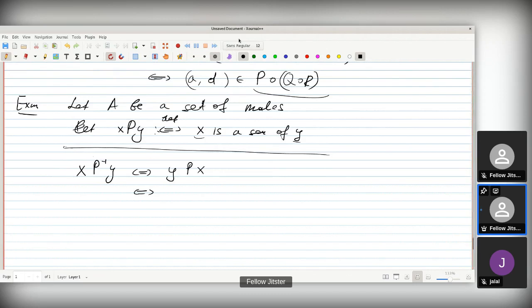How does X relate to Y? X is the father of Y. So if you take the converse of being a son, you will obtain the relation of being one's father. Is it clear?